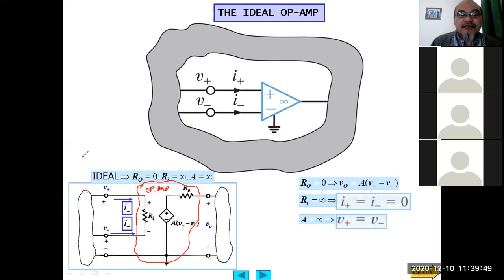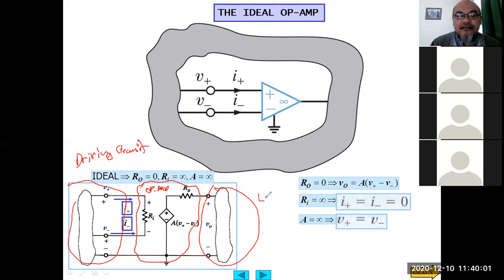This is the driving circuit, and this is the load circuit. So the op-amp here is shown in this model.